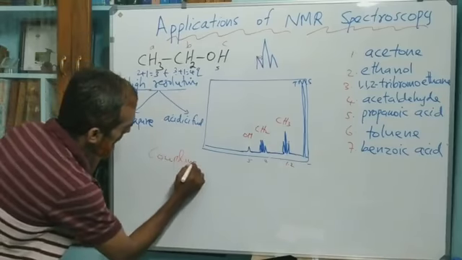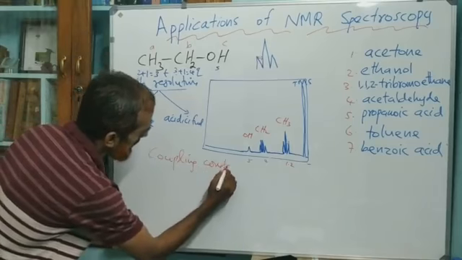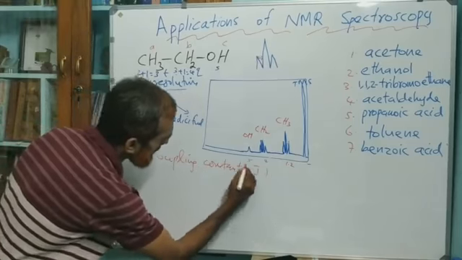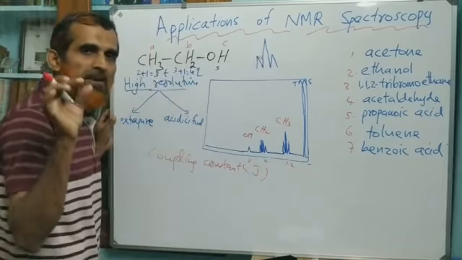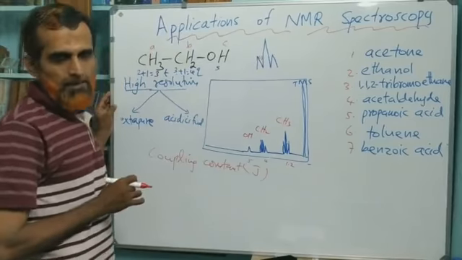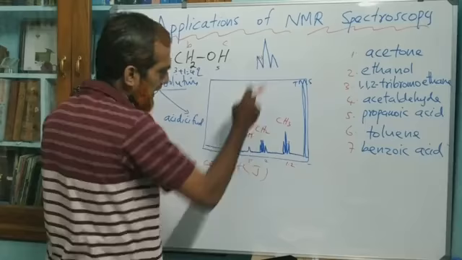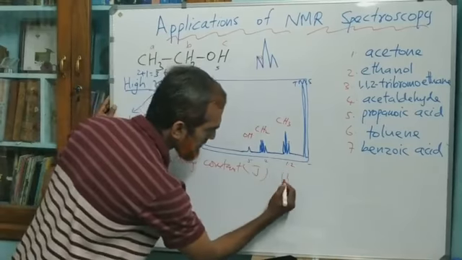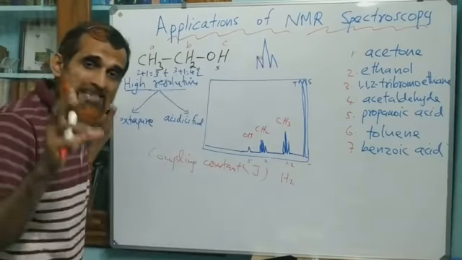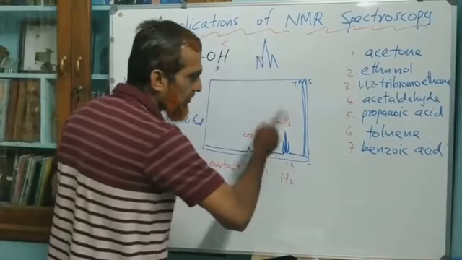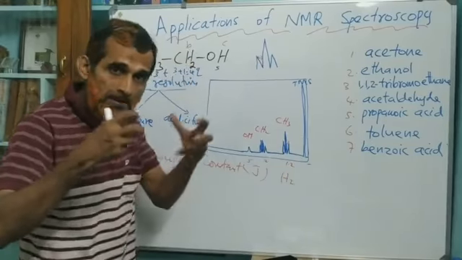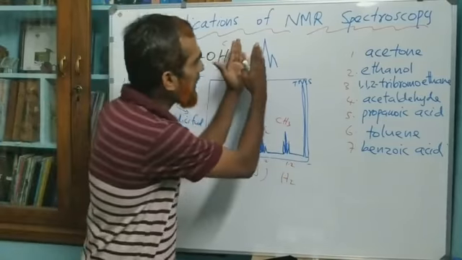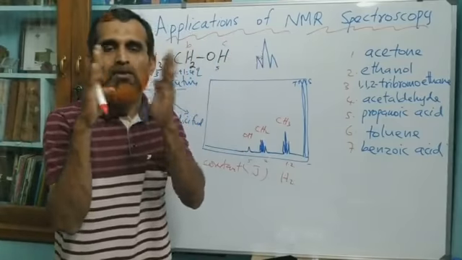It is represented by the letter J. So what is coupling constant? The separation between the peaks in a multiplet. It is expressed in Hertz. It is a measure of effectiveness of coupling interaction. The more the coupling interaction, the more will be the coupling constant or the separation.